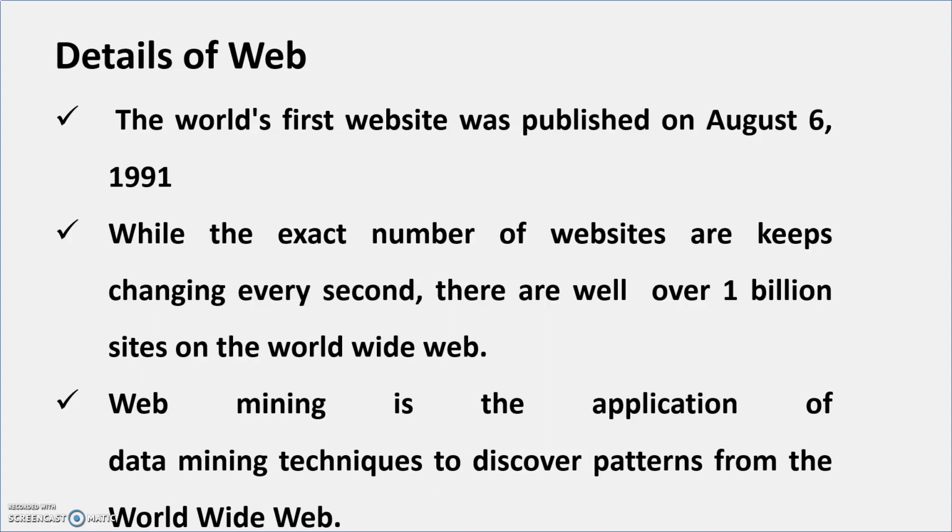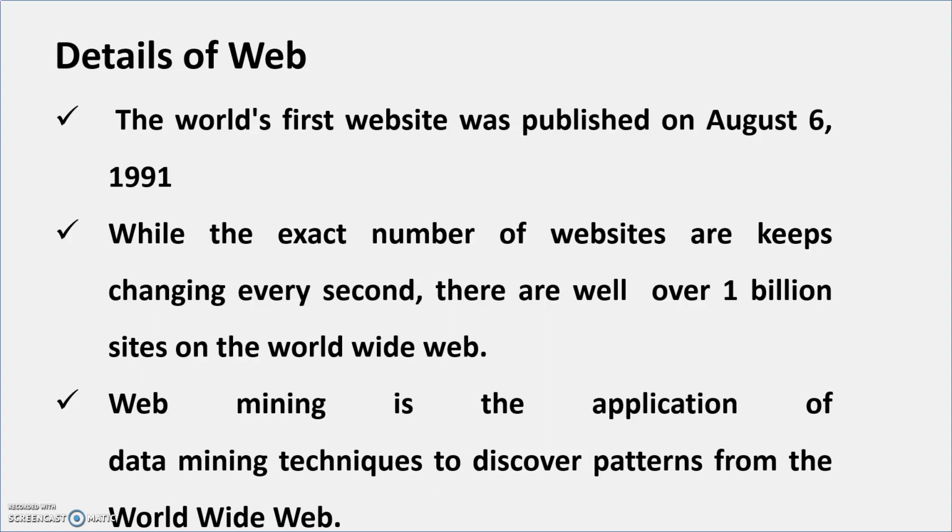While the exact number of websites keeps changing every second, there were 1 billion sites on the world wide web. This 1 billion is the count in 2008. Now we are in 2020, so this count goes over 25 billion.